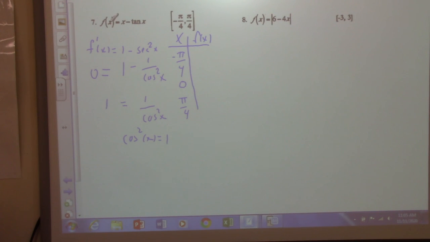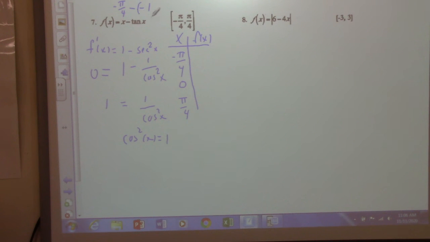And so we can just plug in. At x equals negative pi over 4, we're going to get negative pi over 4, and tangent of negative pi over 4 is negative 1.